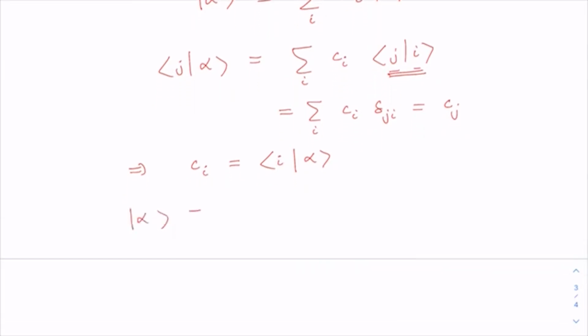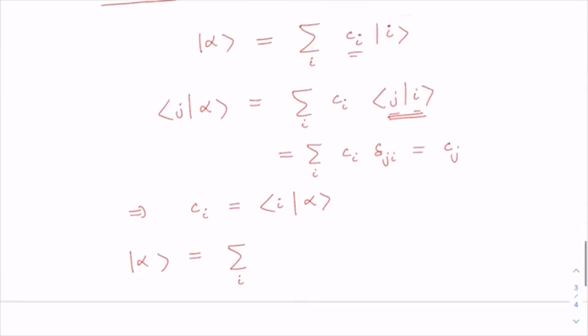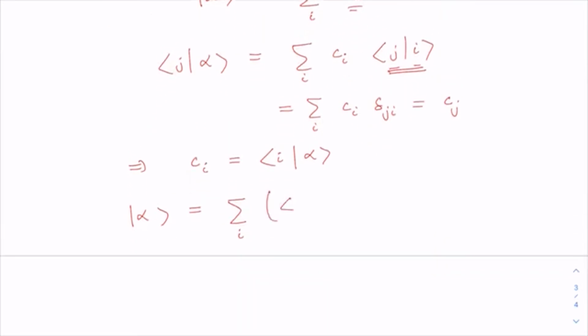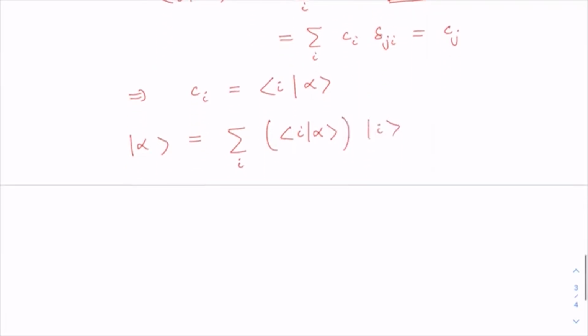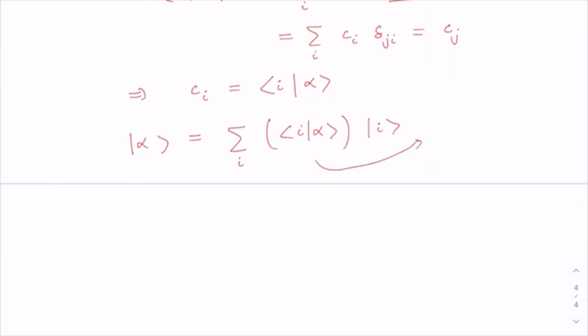So I can now write ket alpha as a summation, in the place of c_i, let me write this quantity. This is a number, and because it is a number, I can take it to the other side. So I can write it as ket i, bra i, alpha.